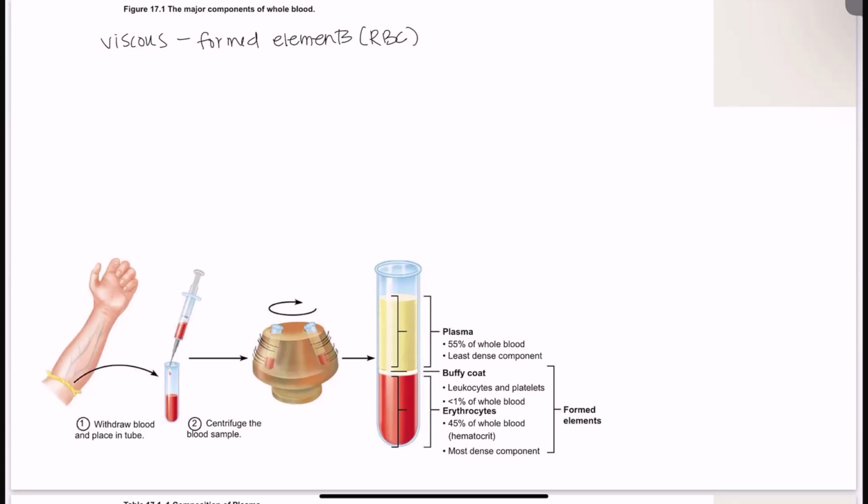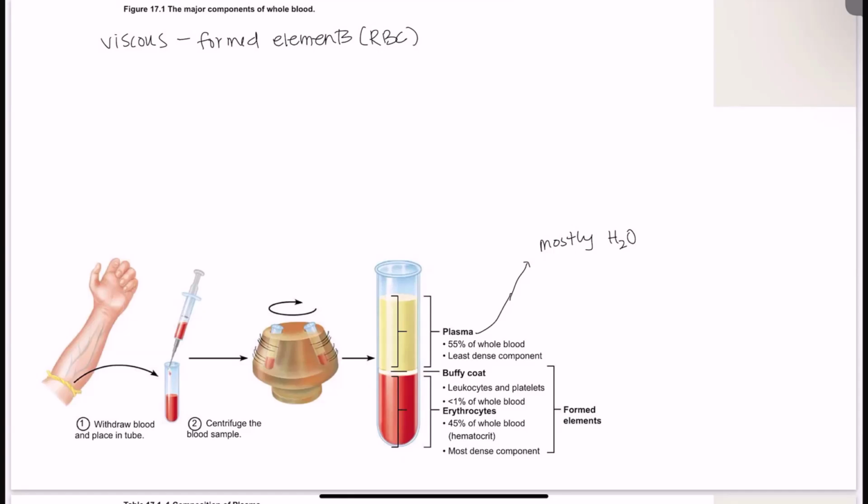But that other part of blood, the liquid part, the blood plasma, is mostly water. But there's other stuff in it. There's stuff like nutrients and gases and hormones and wastes and proteins and electrolytes.